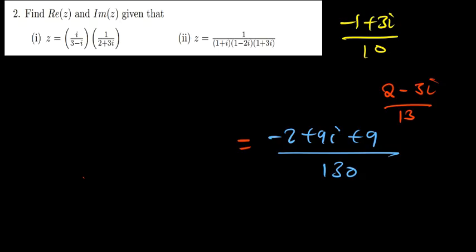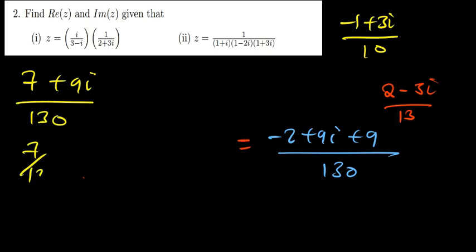So I'll end up having negative 2 plus 9, that is going to be 7, then plus 9i divided by 130. So it will be 7 divided by 130 plus 9 over 130i.